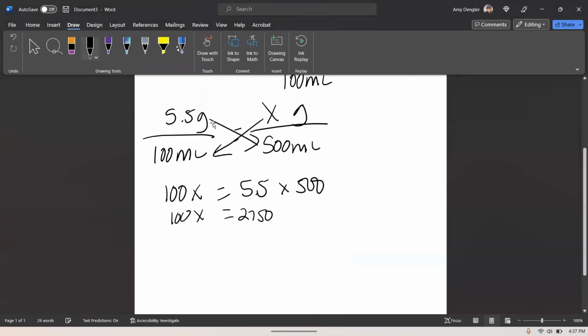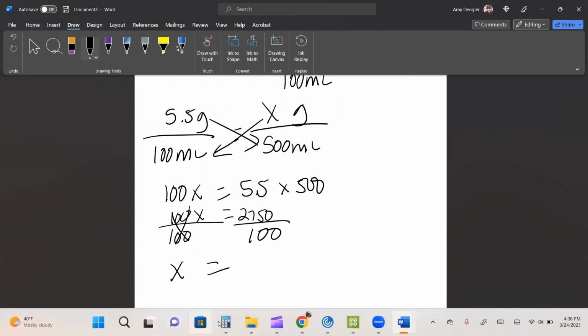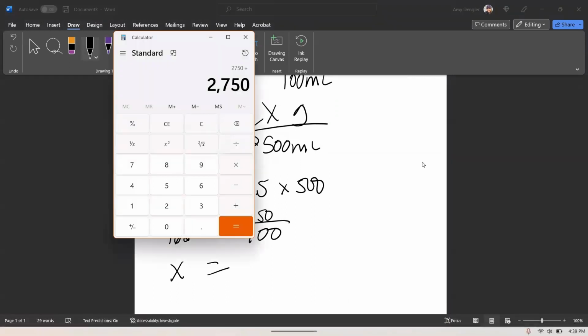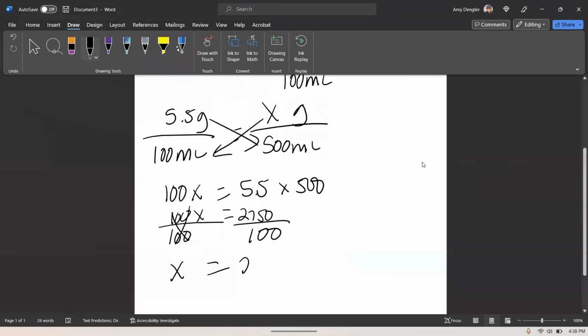So 100x equals 2750, and we want to get x alone, so we're going to divide each side by 100. That gives us 27.5 grams.